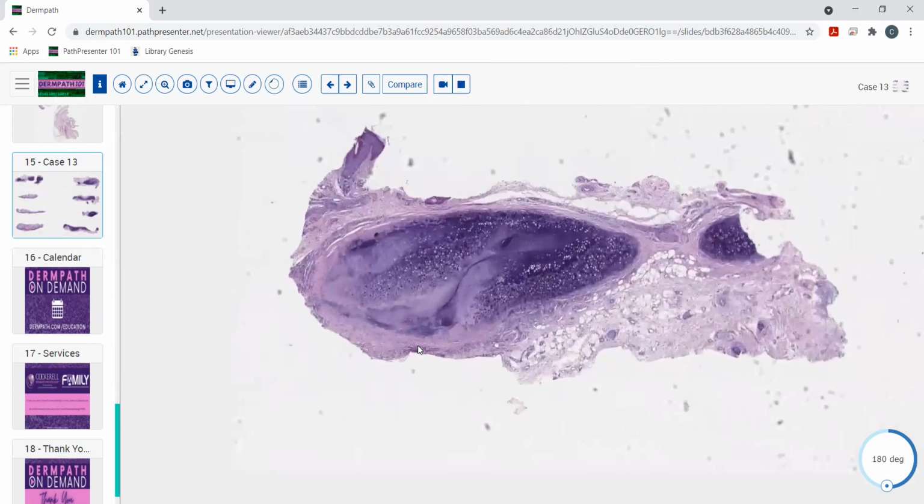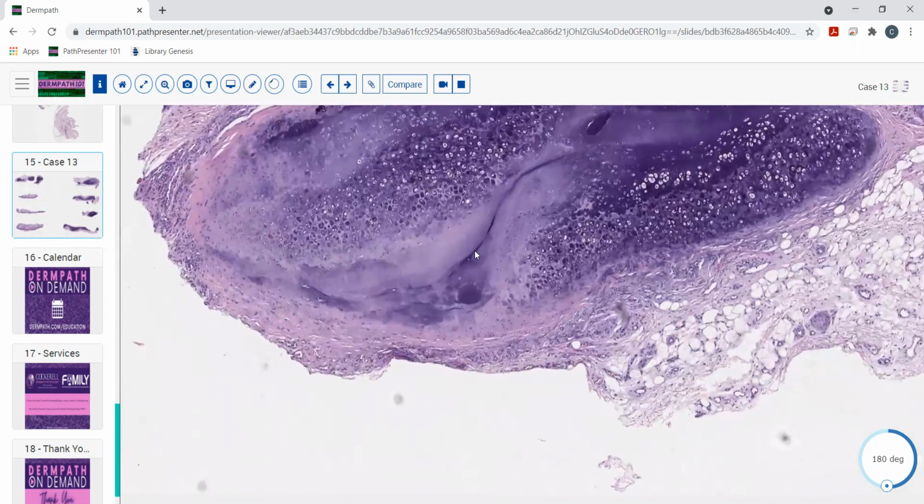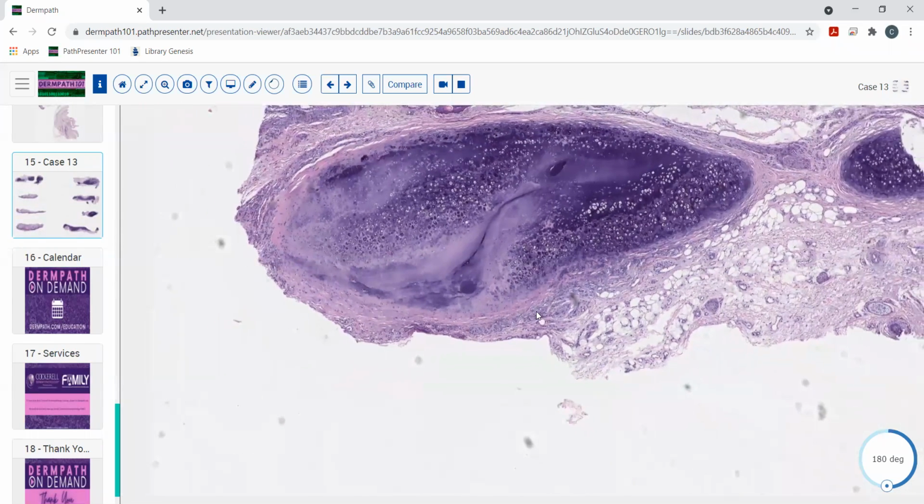Basically what we have here is degeneration of the cartilage in the center of the cartilage. And that's important because there's no inflammation here. There are no lymphocytes invading the cartilage from outside in, like we might see in relapsing polychondritis, for example.